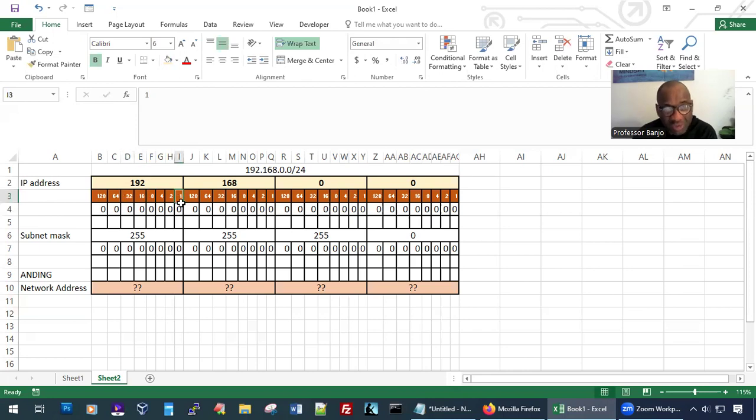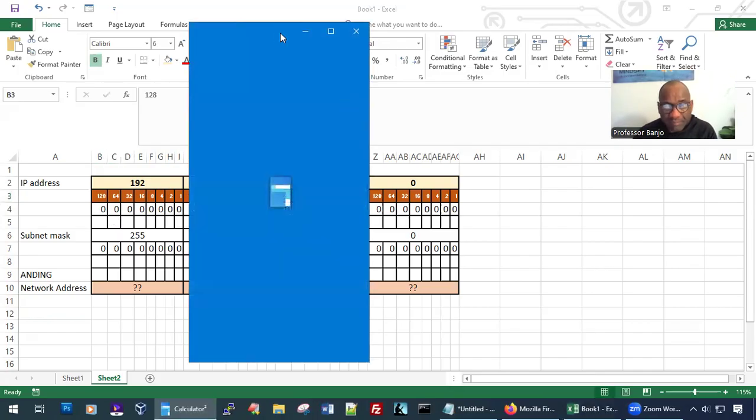So 2 to the power 0 is 1, 2 to the power 2, 2 to the power 3, 2 to the power 4 is 8, 2 to the power 5, 16, 2 to the power 6, 32, 2 to the power 7, and 2 to the power 8 is 128. Now, if you add all this, I'm going to pull up my calculator here.